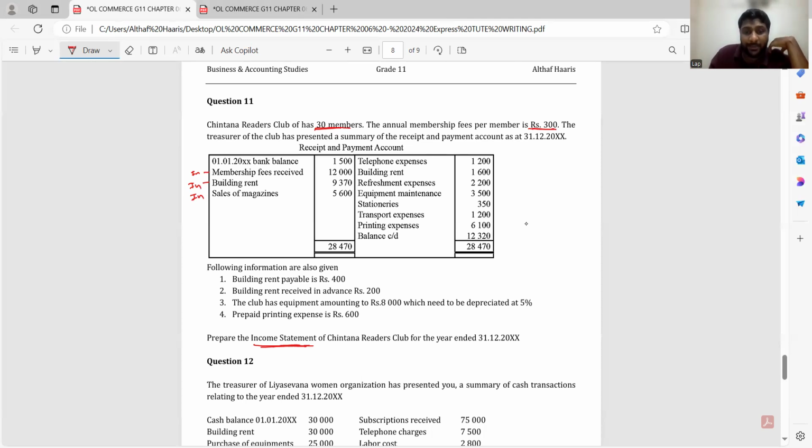So it is expense. This is also connected with expense. Connected with expense.